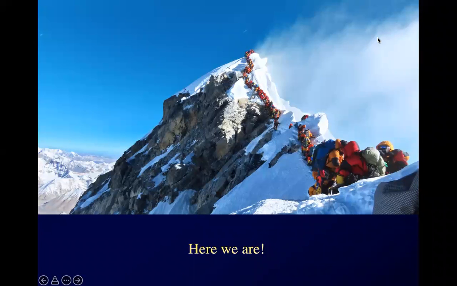All right. So again, we're up here on this peak, where we know about the basics of what's now called molecular biology. We now understand the way that heredity works.